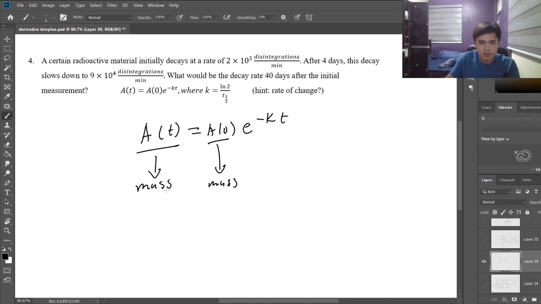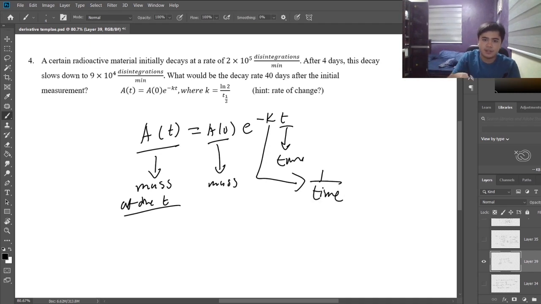So mass at time t. Then, again, this is going to be time. So what's the unit of k? Well, the unit of k is going to be 1 over time. Whatever time is, it's going to be the inverse of that, or time to the power negative 1.